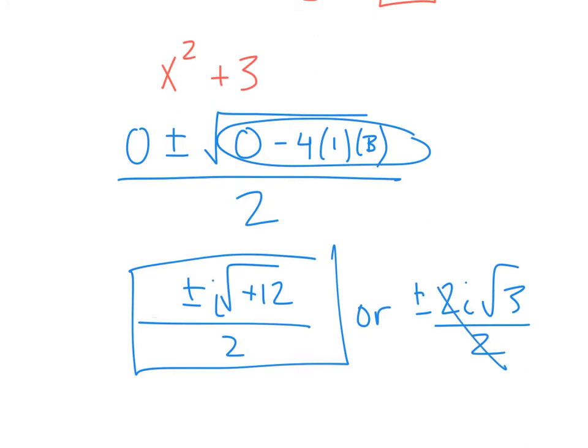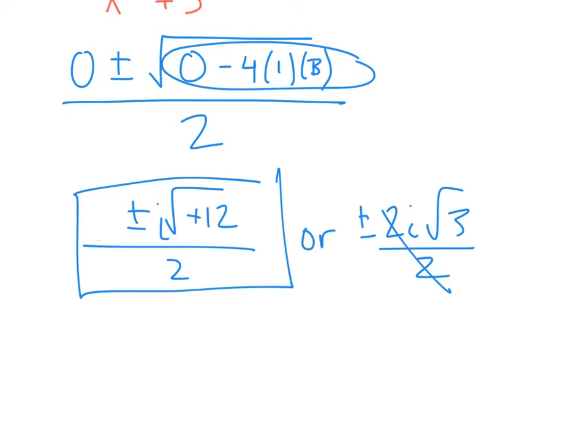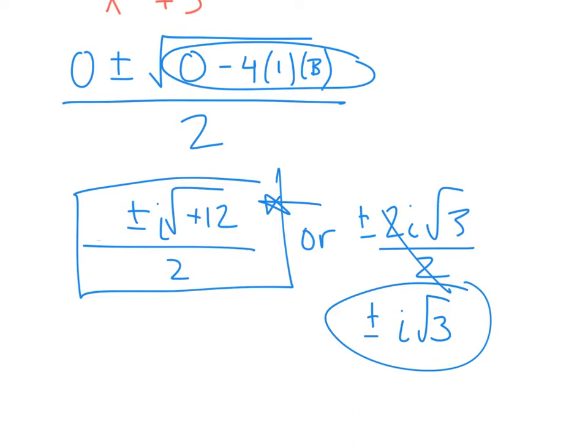Then the 2's would cancel, and you'd end up with plus or minus i radical 3. So I'm okay with either one. One's just not simplified, but you're not going to get counted wrong if you do this one either. So both of these would be valid.